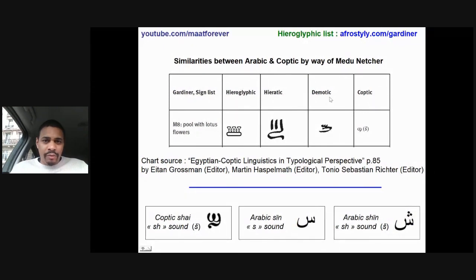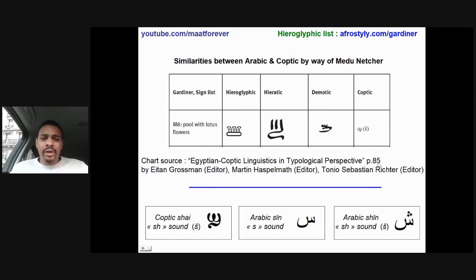So, here you have a chart showing you the hieroglyphic, the hieratic, the demotic, and the Coptic. The source for this chart is a book entitled Egyptian Coptic Linguistics in Typological Perspective, page 85.